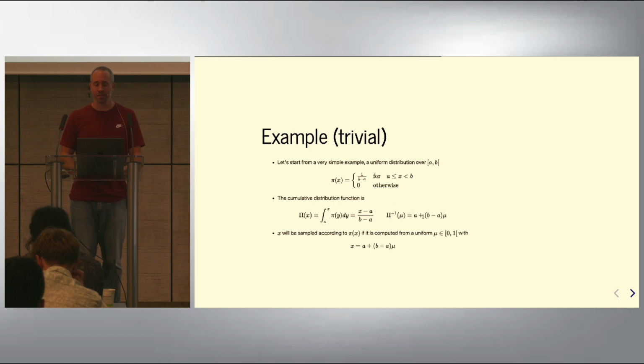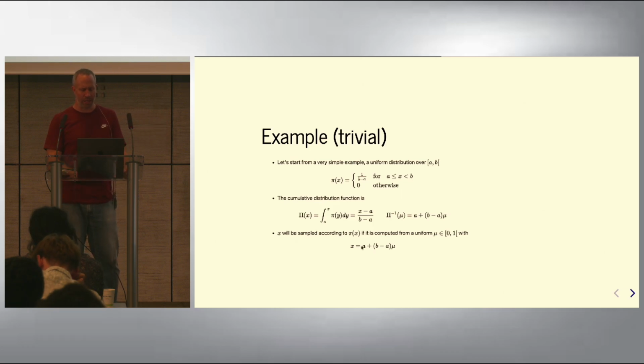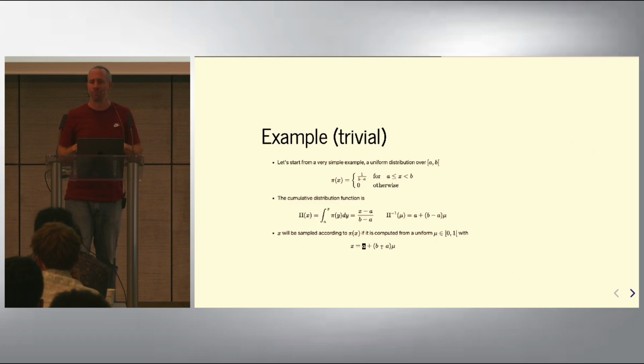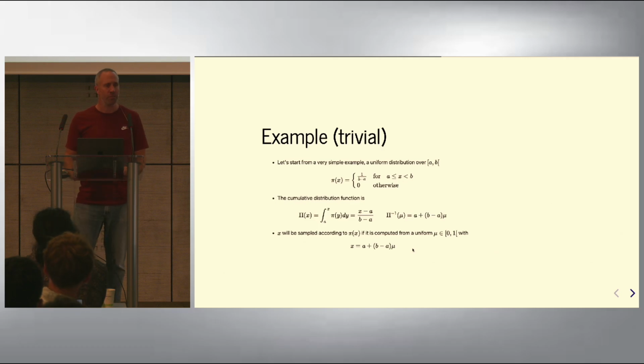I just get a plus b minus a times mu, okay? So the recipe to get my random numbers uniformly sampled between a and b is to start from a and then add, scaled by b minus a, my random number between 0 and 1. This is a very intuitive function, but you see at least it shows that the formula works. Okay? Is that clear? Great.